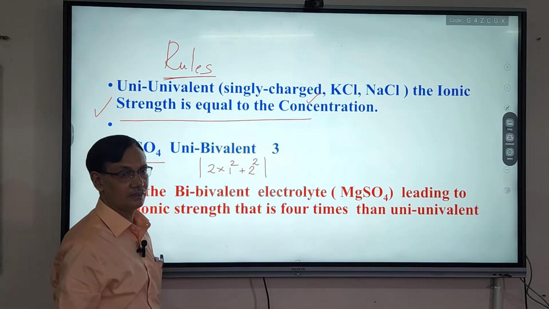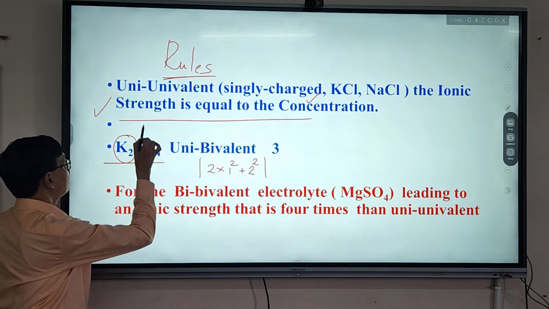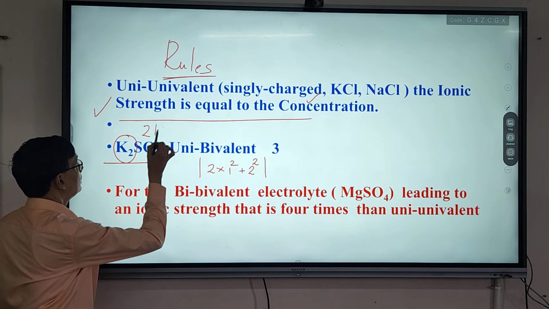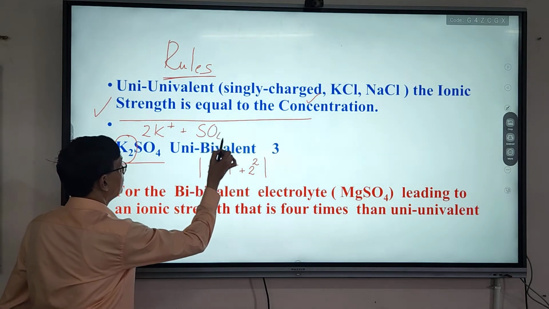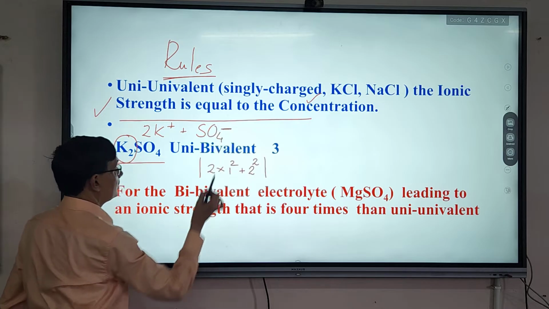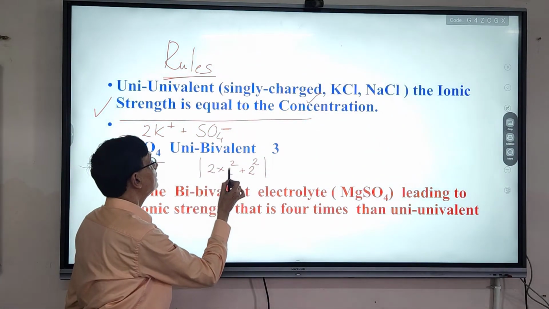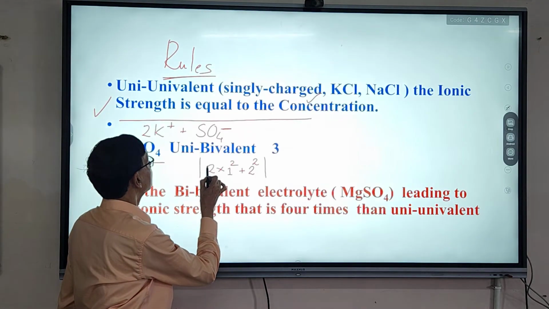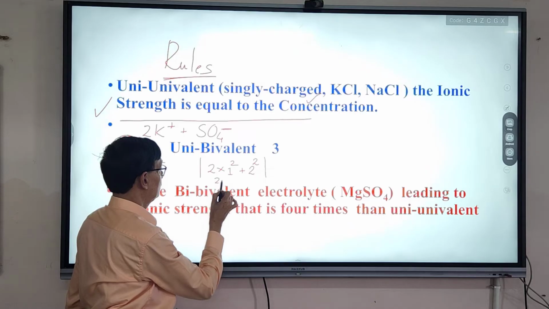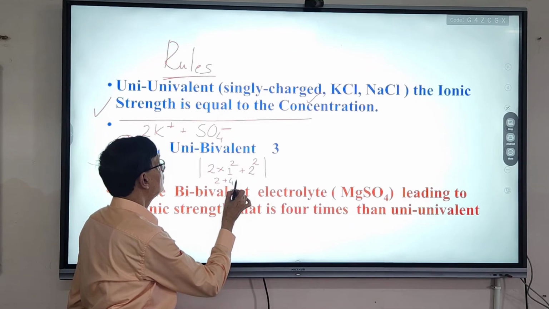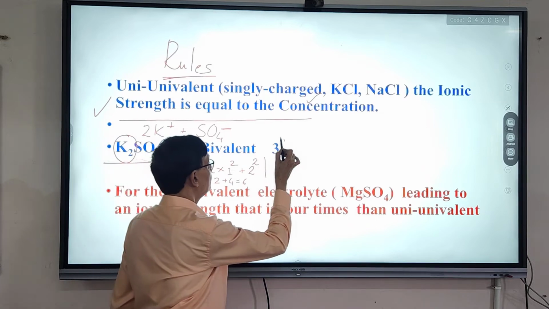You follow my point? Why am I taking 2? Because there are 2 potassium plus sulfate, in CI square, where C is the concentration, suppose 1. So 2, 4, total 6, half is equal to 3.